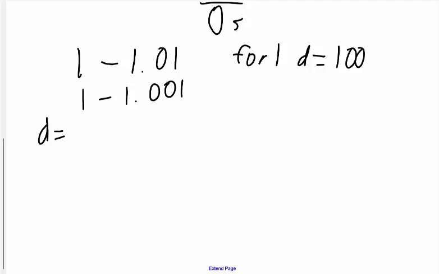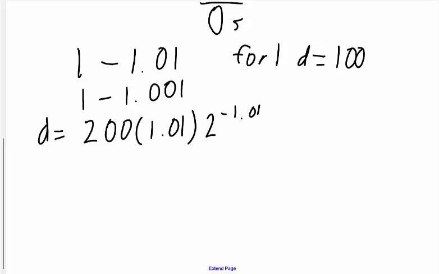So D for 1.1, we have 200 times 1.01 times 2 to the negative 1.01. So let's see.